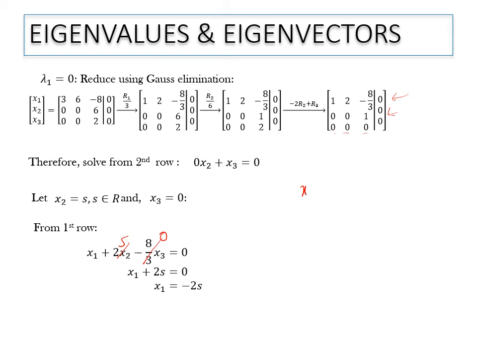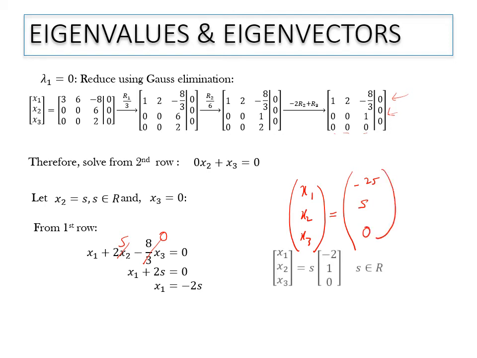So we write x1, x2, x3: x1 is negative 2s, x2 is s, x3 is 0. Or you can factor out the s, and you will get this. This is the eigenvector for lambda 1 equals 0.